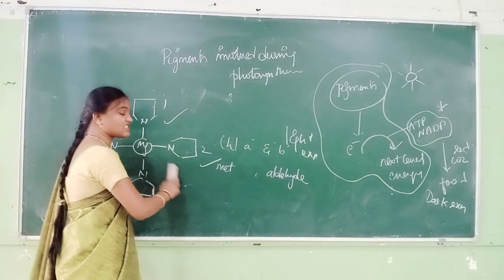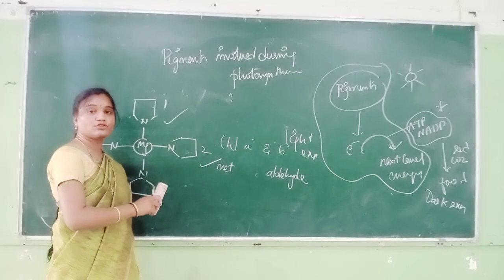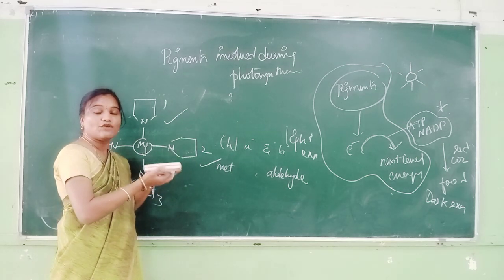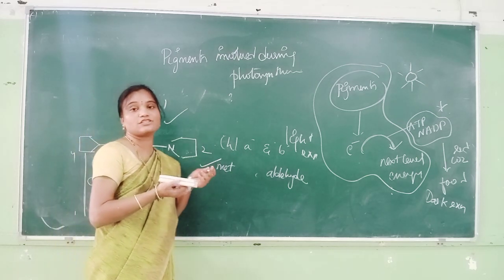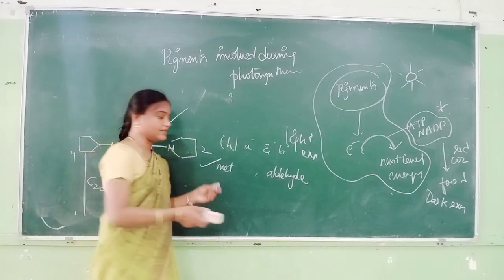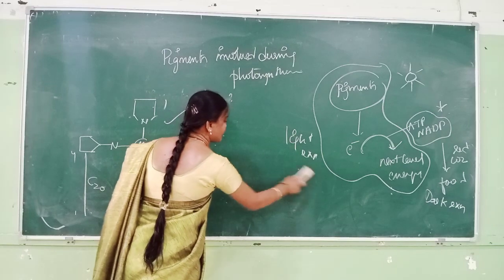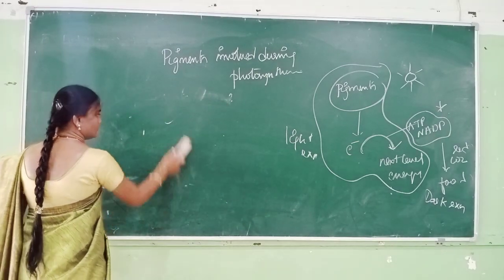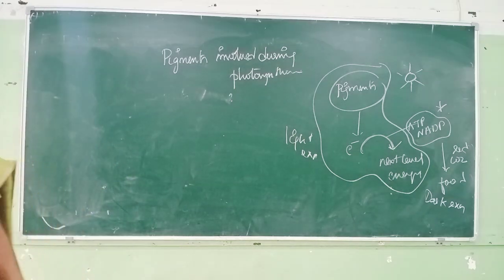This is the initial pigment used, where chlorophyll will absorb your light energy and reflect the unwanted light energy. Now coming to carotenoids.